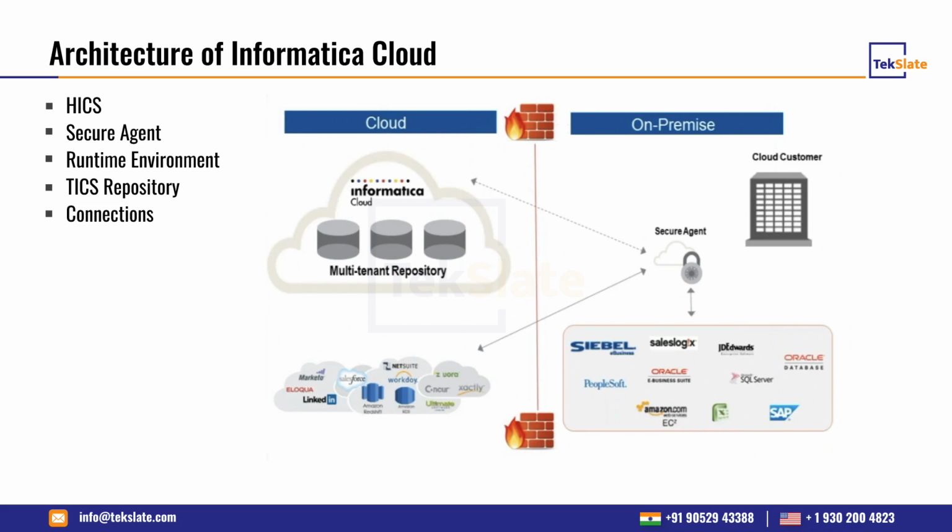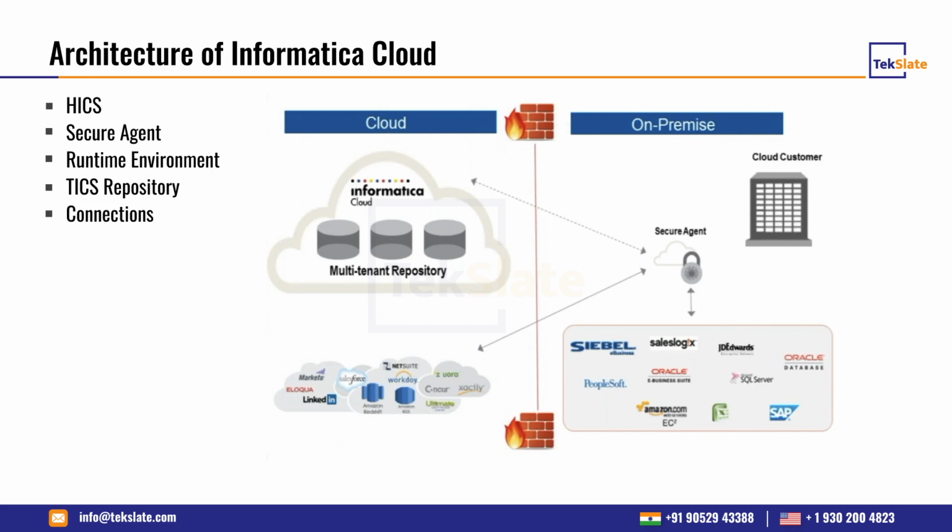And finally, the last aspect is connections. These connections provide connectivity across on-premises as well as cloud applications. Informatica Cloud provides connectivity using these different types of connections. For legacy or on-premises applications, we will have a specific connector for each of them: Oracle, SQL Server, flat file, Teradata.